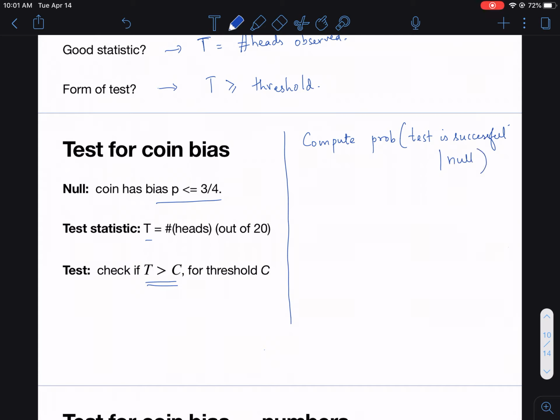So how do you compute that? Let's say the coin has bias p, and let's say the test has this form: you check if t is more than c. Then what we are interested in is the probability that t is more than c. Note that we have seen t is a binomial distribution.